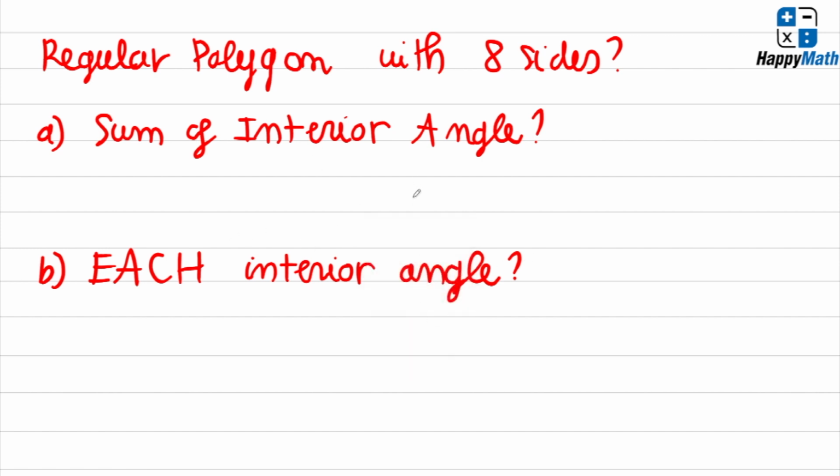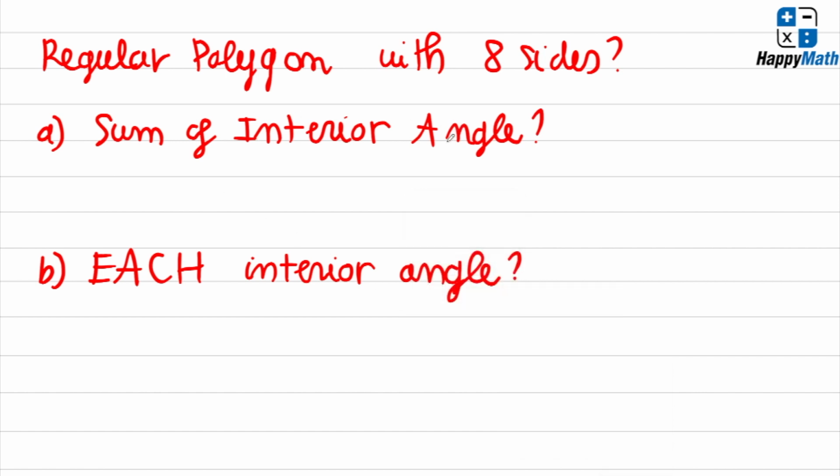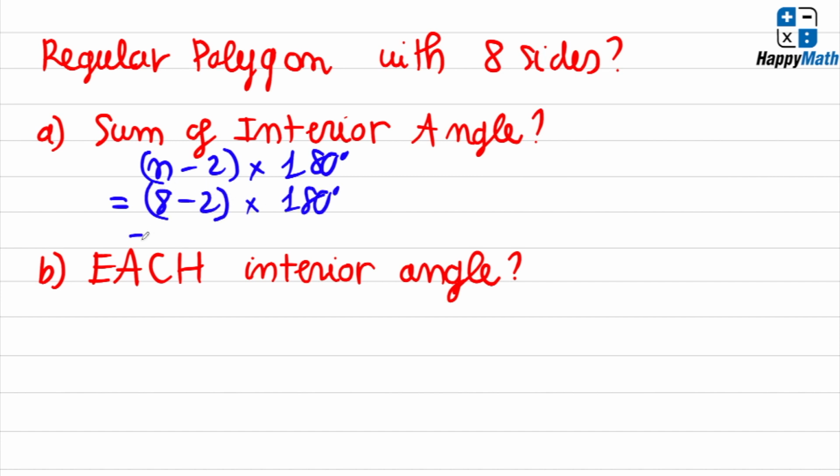Okay, so for this question, for the sum of interior angles, that is a formula you can apply. (n - 2) and then multiply by 180 here. That's very easy. You can write down 8 minus 2 and multiply by 180 degrees.